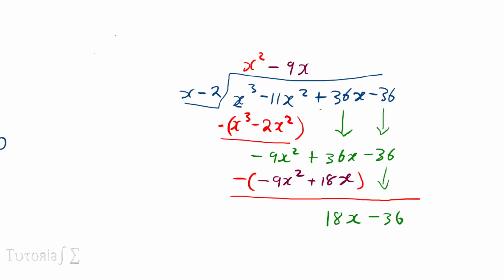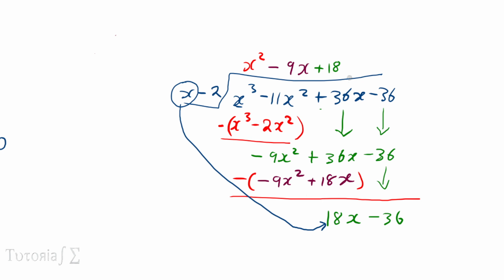Then again, the algorithm continues. So again, we'll say x goes into 18x. You see how easy it is? Then it will be positive 18. What you just need to be careful with are the signs.